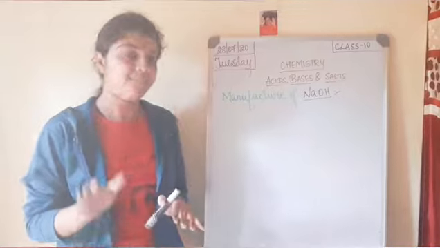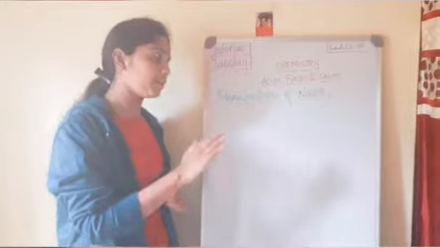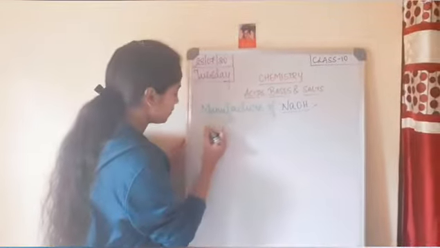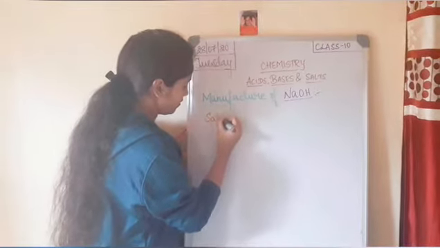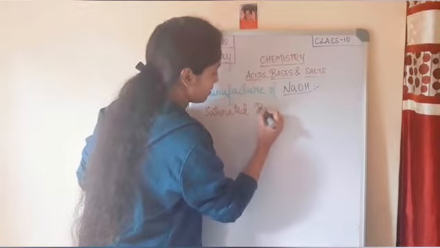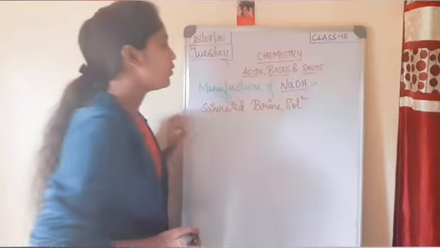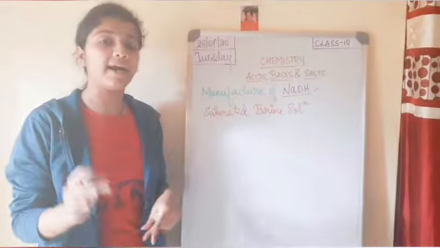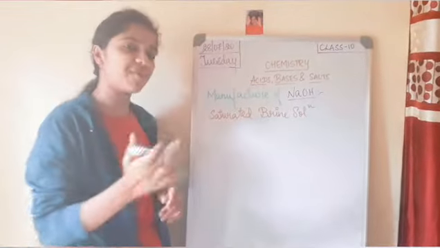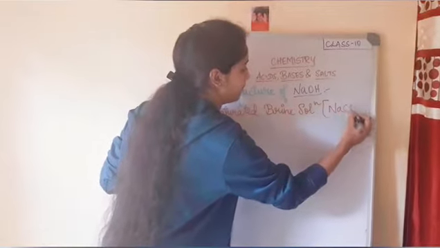Now, this is one of the most important alkali and it is made commercially by the electrolysis of saturated brine solution. Now saturated brine solution is nothing else but sodium chloride.